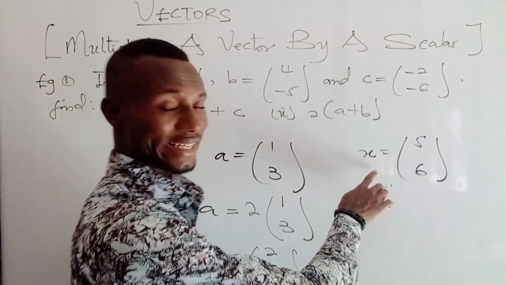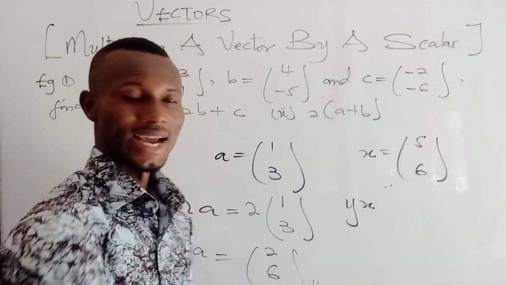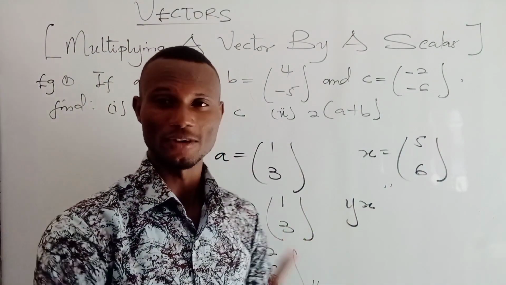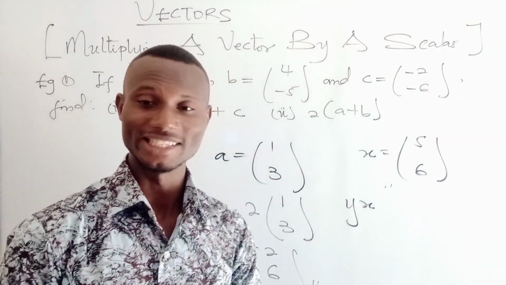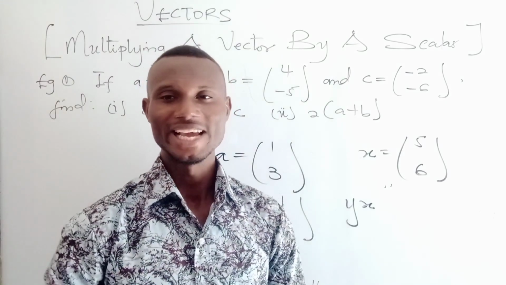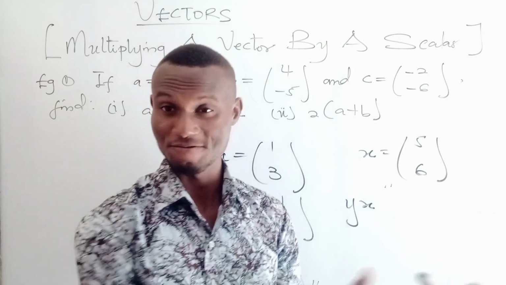I have the vector s on the board given to be 5, 6, and I have a scalar y multiplying the vector s. Don't forget the explanation that I gave you about a scalar. A scalar is any variable or any number that is multiplying a vector.